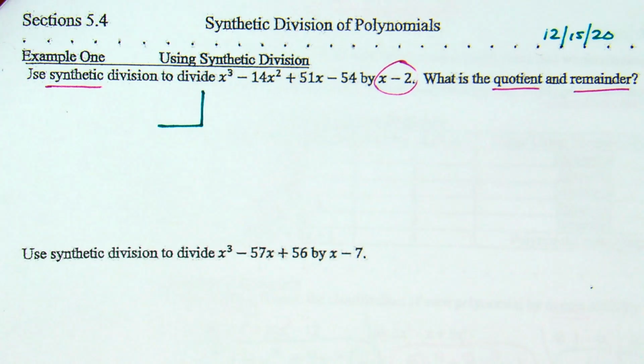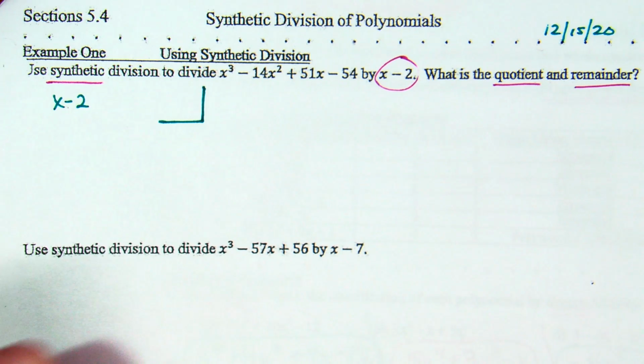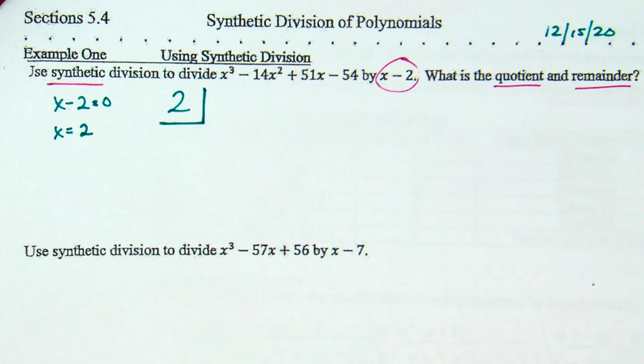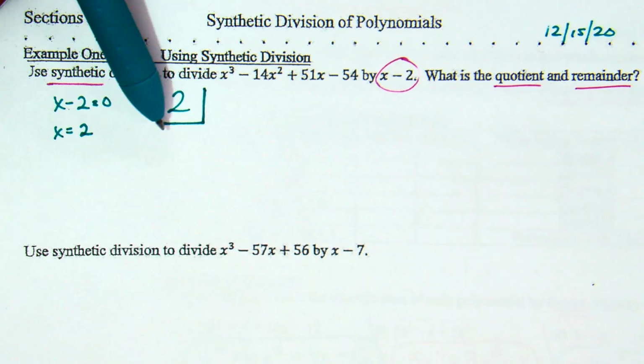So, if you think of x minus 2 as a factor, what number represents that x minus 2? In other words, if I set this equal to 0, it would be x equals 2. So I'm going to put a 2 in my box. So assuming they give you x minus 2 or a linear factor, like x plus or minus a number, basically grab the number and use the opposite sign.